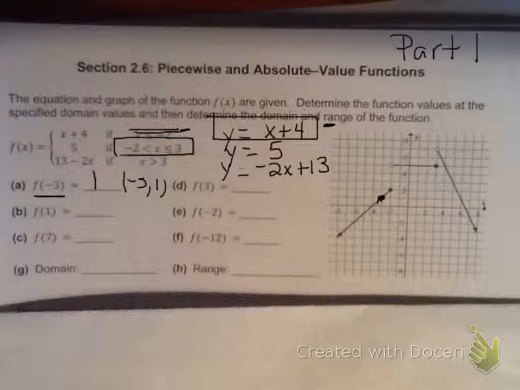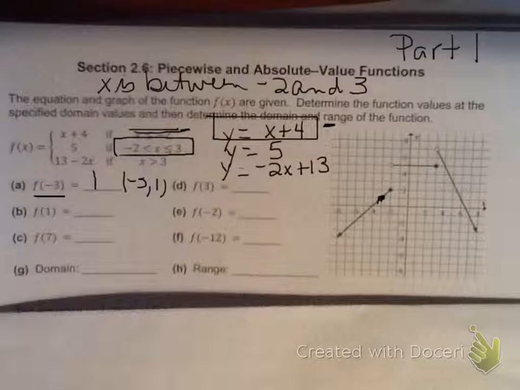Another way of saying that is x is between negative 2 and 3. And yes, 1 is between negative 2 and 3. So we are going to plug in 1 into this equation. Well, x is 1, y is always 5. So that's the ordered pair 1, 5. And this equation, y equals 5, is a horizontal line at 5, which is this graph right here. Plot the point 1, 5, and it lands right here on that line.